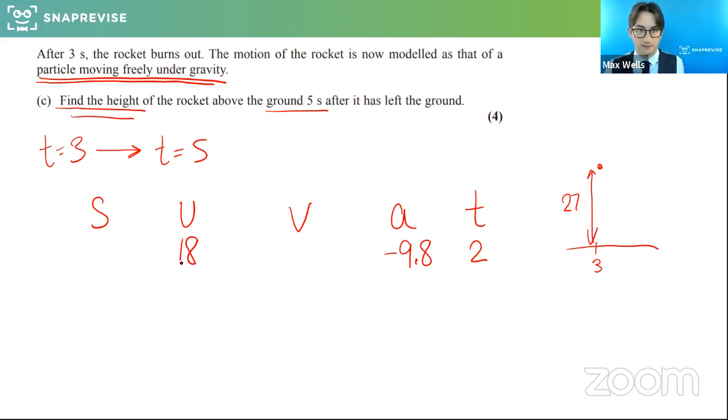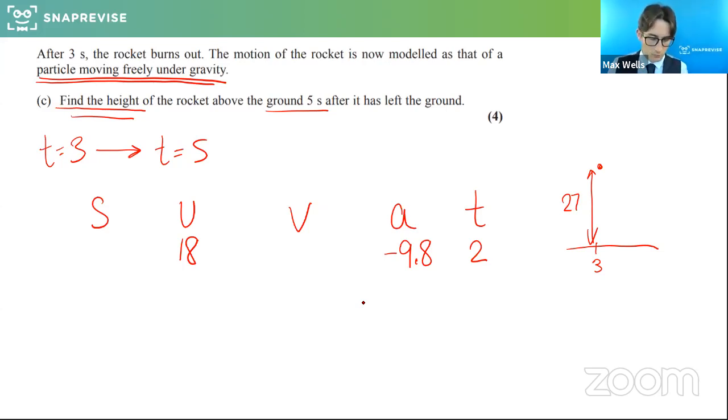It's not at rest, not stopped or at a maximum. It's traveling at 18, and we knew that from part A. So if I treat 18 as positive, I have to treat 9.8 as negative because it was still traveling upwards at that point. So it's now accelerating towards the ground.